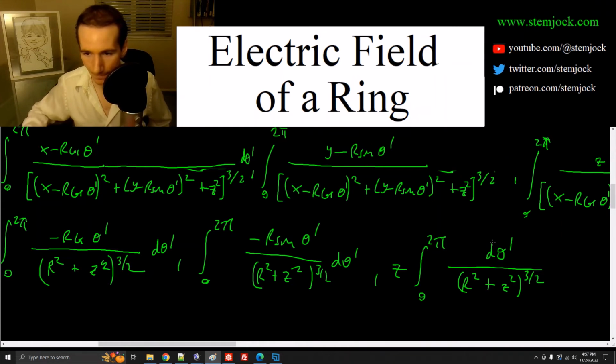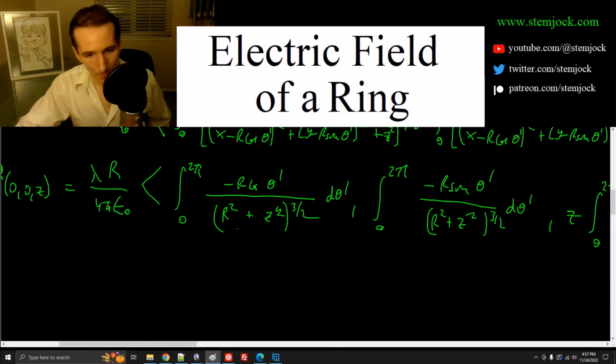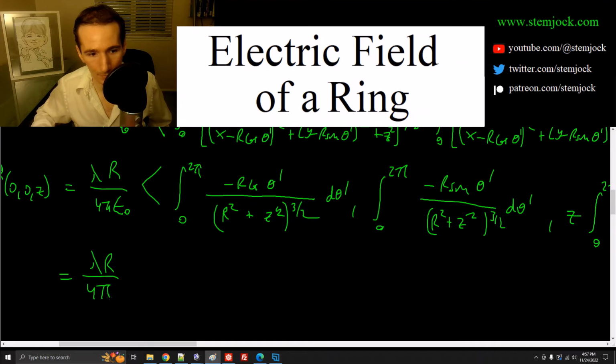Okay. So now the denominator is not dependent on theta, so I can pull that out of the integral and out in front of the vector here. So this is lambda r over 4 pi epsilon 0 times 1 over r squared plus z squared to the 3/2.